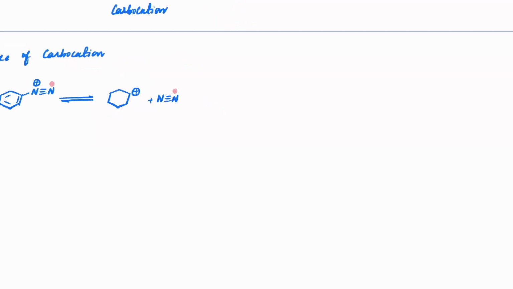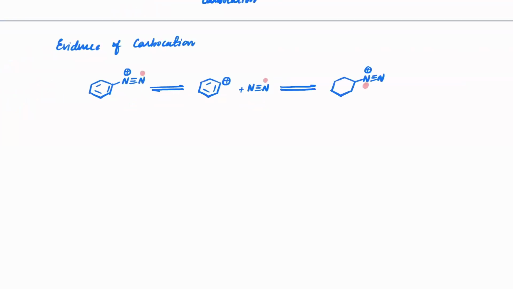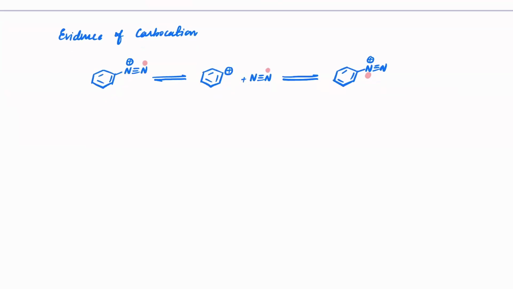And slowly, because you are heating it very mildly, you will see this nitrogen can again attack back with this plus charge, but this time it is that isotopic nitrogen. So you can see it is actually swinging between the two ends of the nitrogen. And if two ends of the nitrogen are connecting, it has to go through this carbocation formation only. So that's the evidence that there is a carbocation actually forming here.